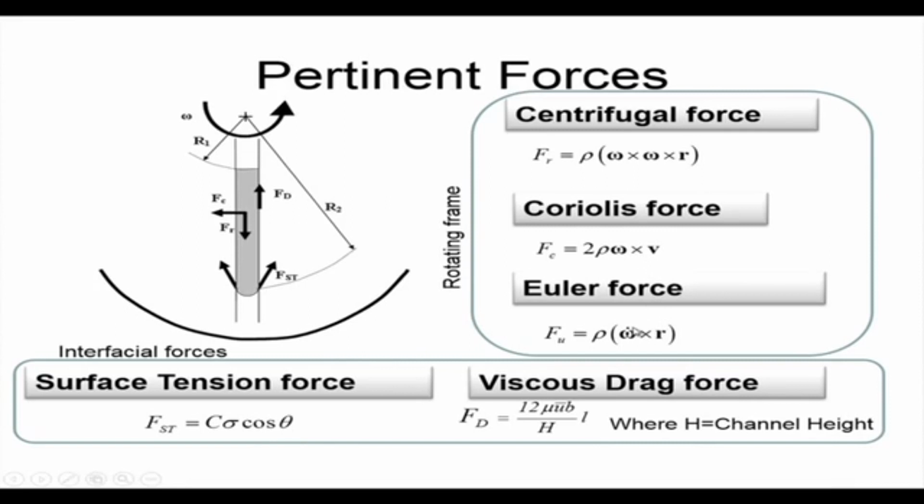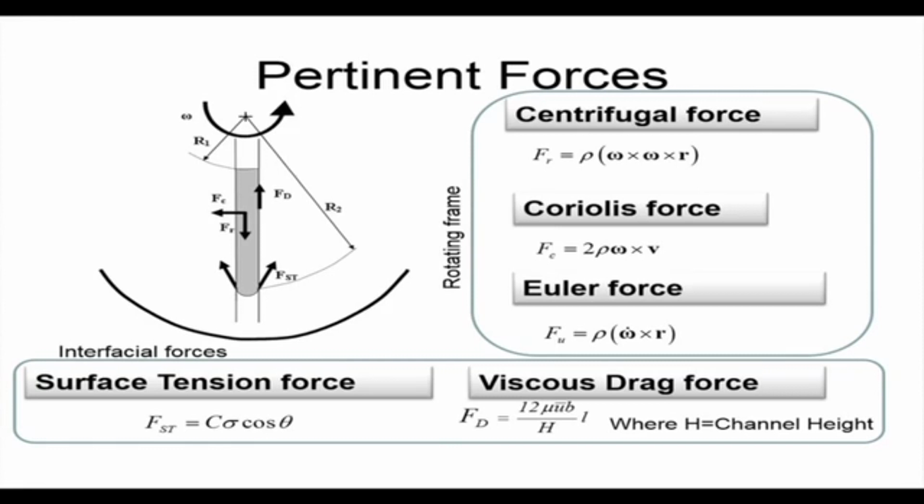These are the forces as signatures of the rotational platform, and you can see how these forces are directed. The centrifugal force, if you were sitting here, is radially outwards. Then you have the Coriolis force like this, which is transverse.